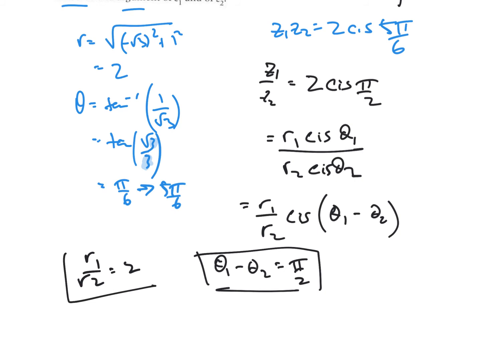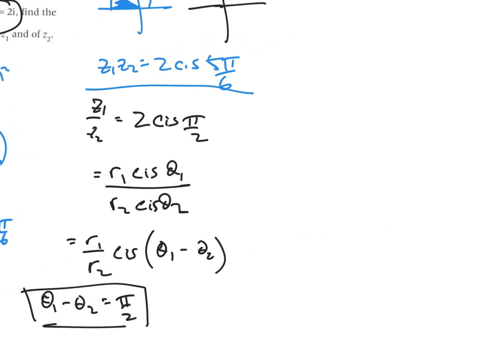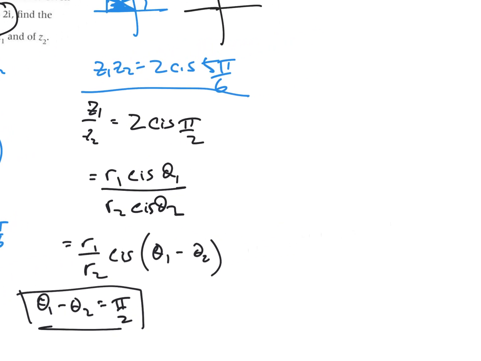Okay? If I now go back to z1 z2, if I take z1 and z2, I know that this is r1 cis theta 1 times r2 cis theta 2. And so I know it's r1 r2 cis.